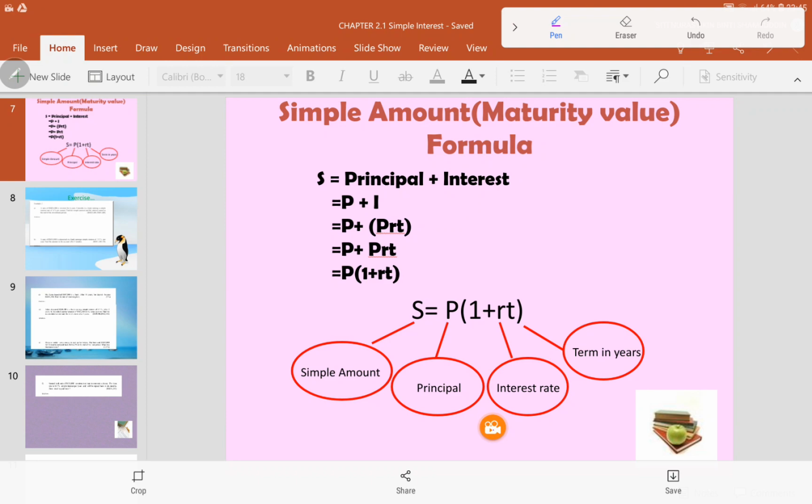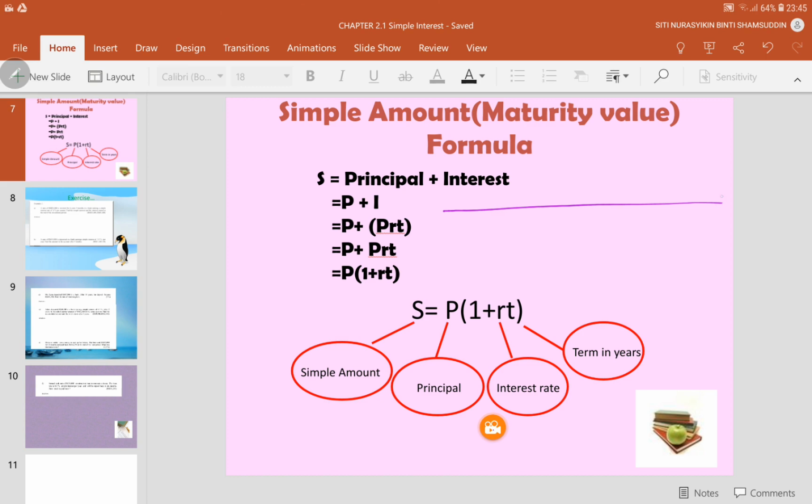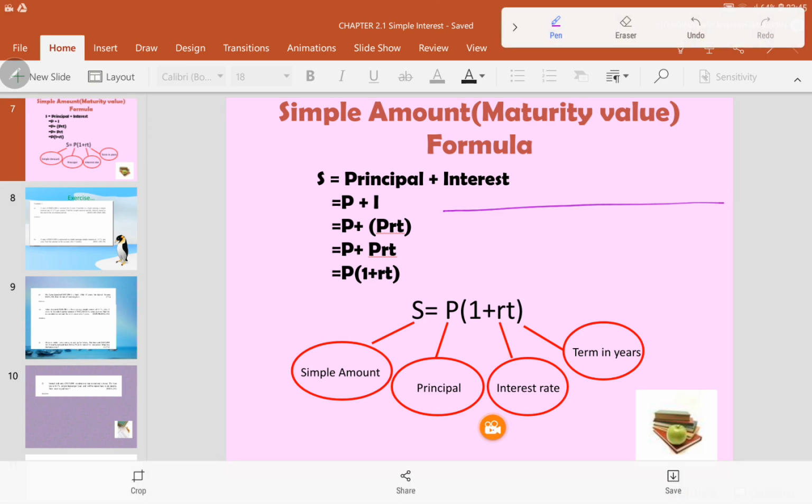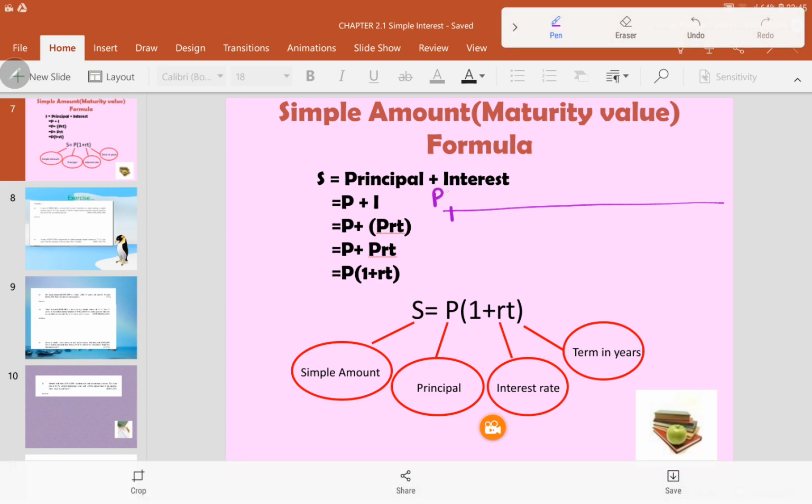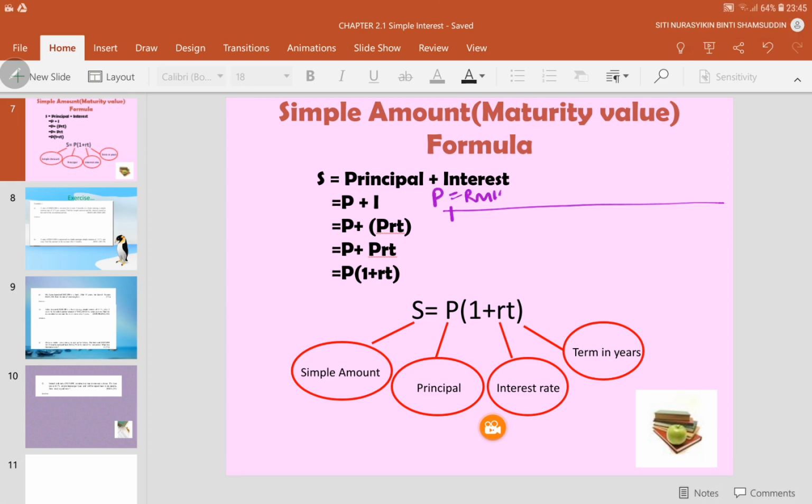Alright, so the formula for the simple amount is S equal to principal plus interest. If we want to illustrate the timeline, let's say this is your P. Let's say you invest 1,000 ringgit for 10 years, so T is 10.